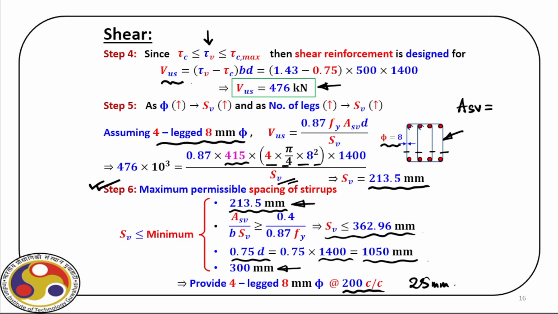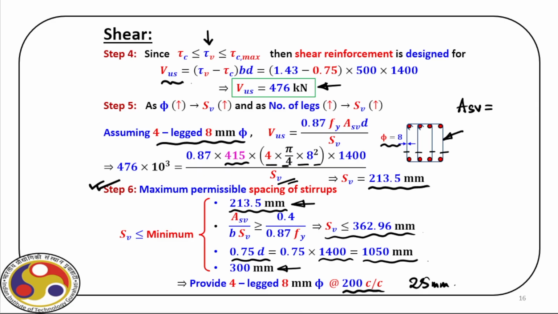And what we see here is the step-by-step procedure of how we design these shear stirrups. And obviously, we'll see as we go along the beam, the shear force varies along the length of the beam.